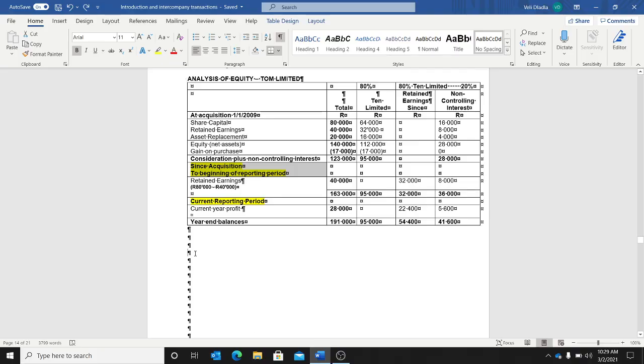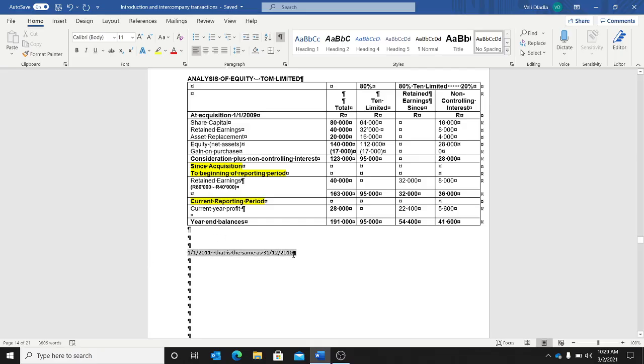Now, let me write it down here. 1/1/2011 is my beginning. And that is the same as 31/12/2010.